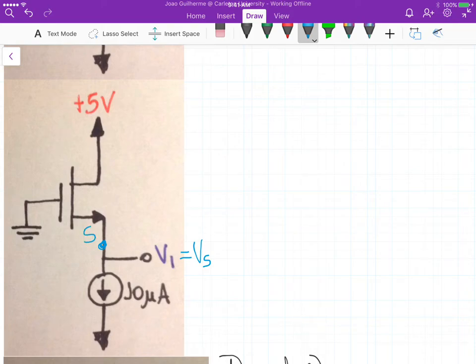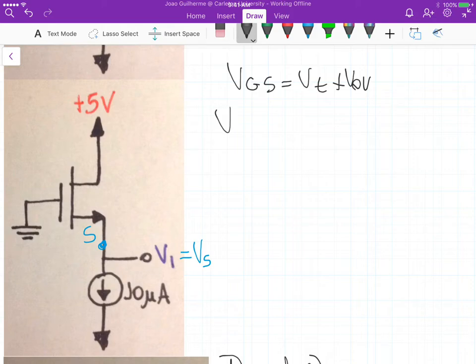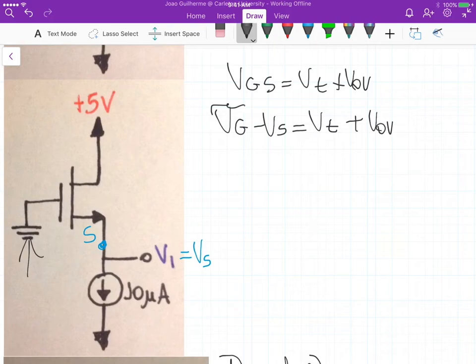Now we know for an NMOS that VGS is equal to the threshold voltage plus the overdrive voltage. This is the same as Vg minus Vs, and that's equal to Vt plus the overdrive voltage. And remember that right here Vg is equal to 0 volts because it's grounded.